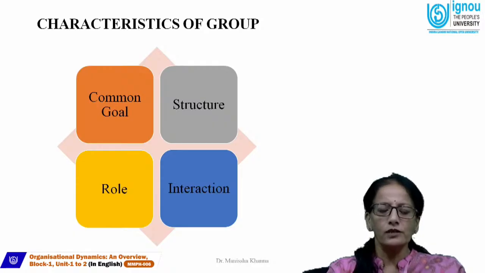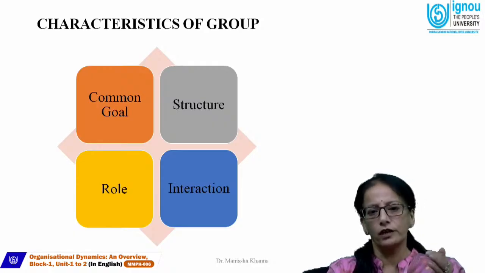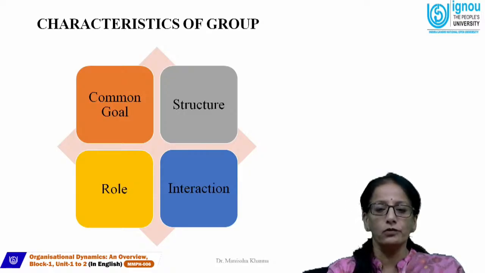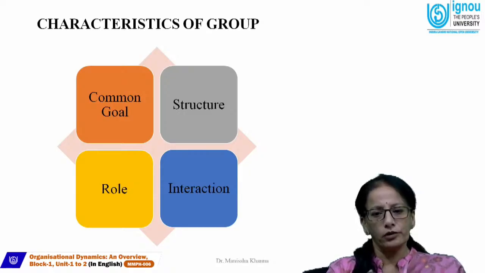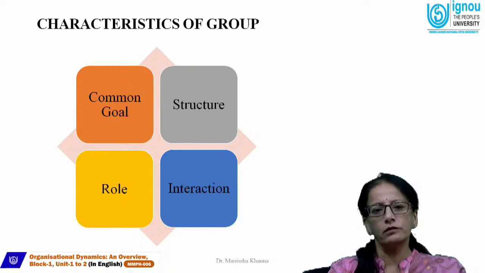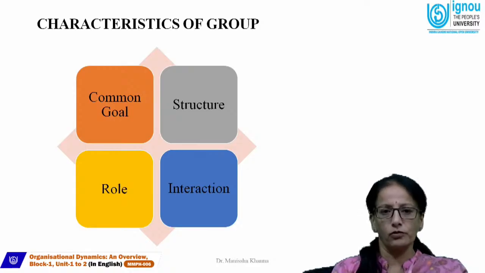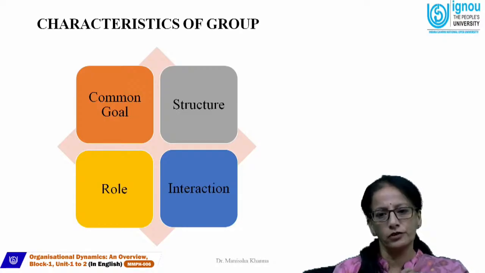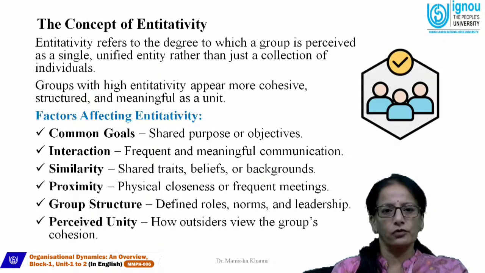The role has to be very well defined. The group members need to know their role, what the structure is, who will be reporting to whom, and how they work together towards their common goal. So these are the four characteristics which create a group, also referred to as the features of the group.